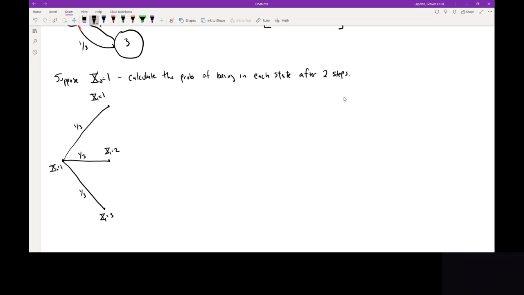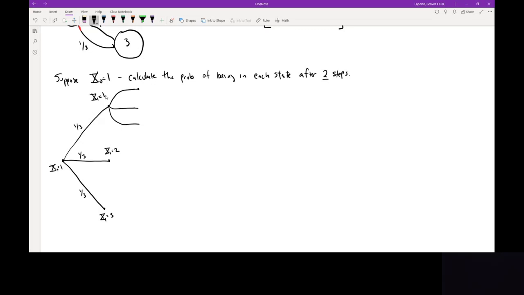If I were just finding the first step, it'd be 1/3, 1/3, 1/3. But that's not what it asked for. It said after 2 steps. So now we go back and do the same thing we just did for x0, but we're at x1, and we're in state 1. State 1 can get to 3 different places: 1, 2, and 3.